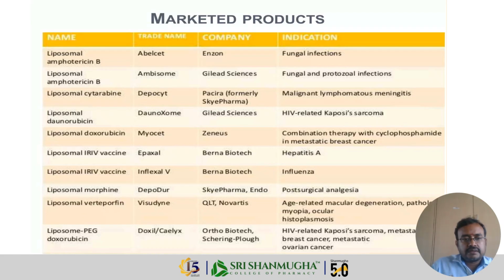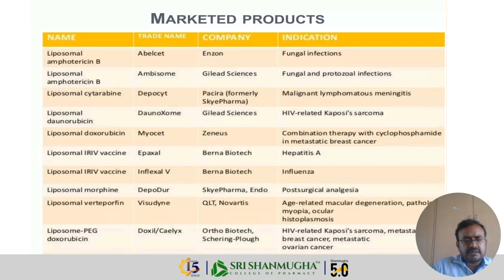Cytarabine is used for malignant lymphomatous meningitis in cancer treatment, like daunorubicin, which is also used for HIV related sarcoma. There are also several liposomal IRIV vaccines, used for hepatitis A and for influenza.